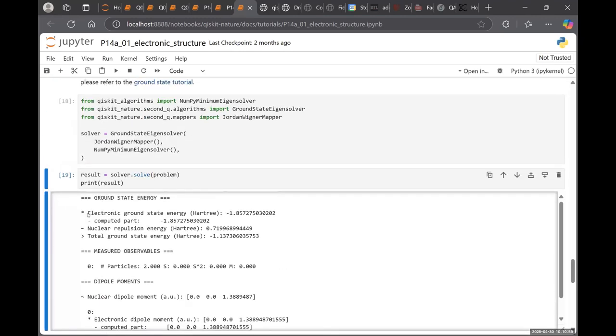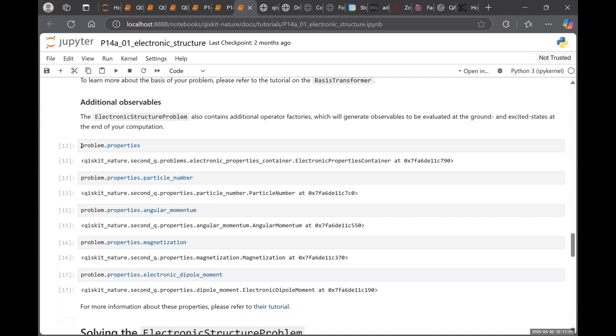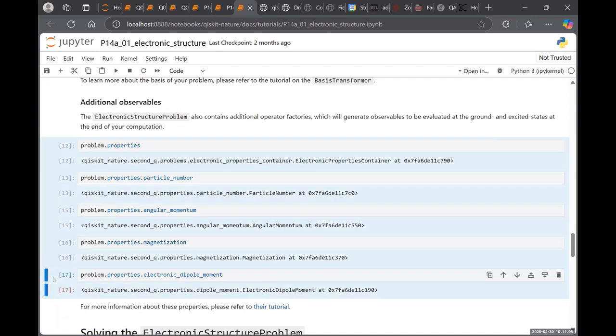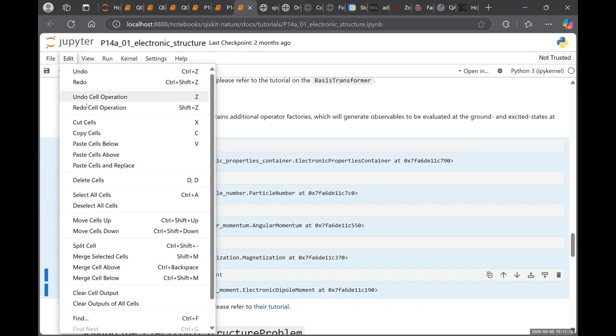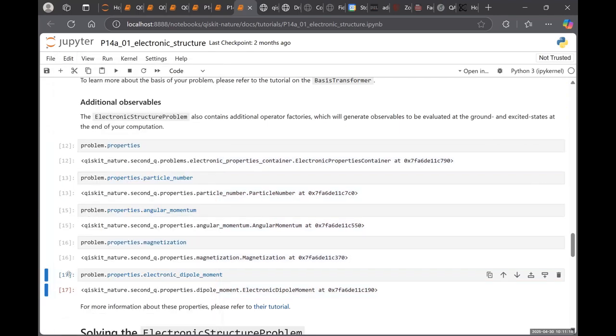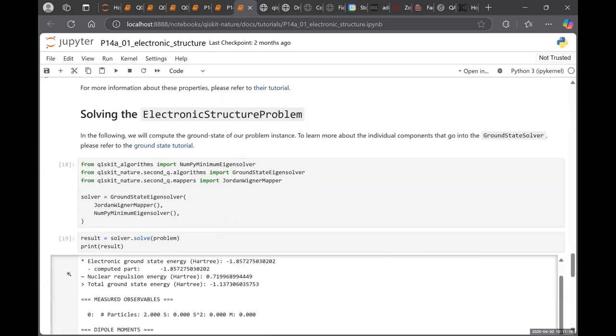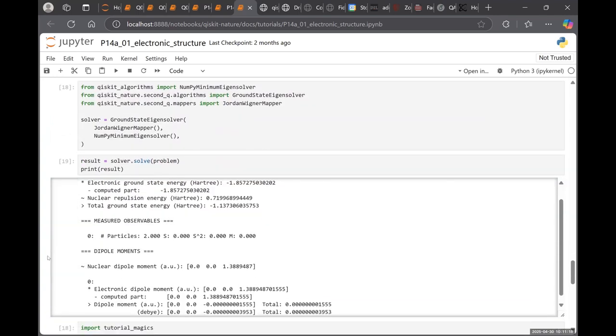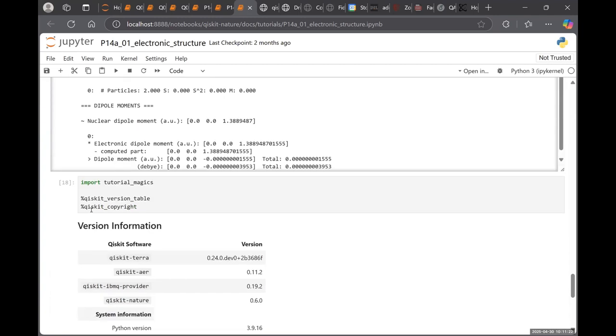So maybe here we can see if these print out to get something. Yeah, but I don't know whether they would update that.